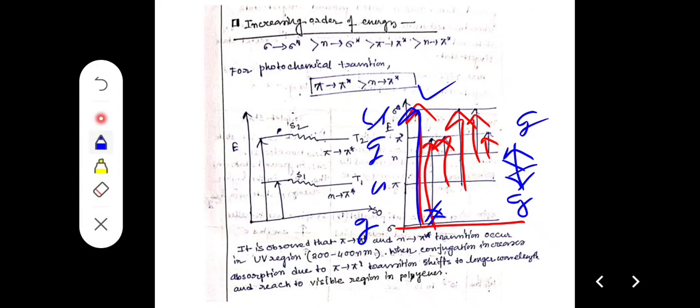Pi to pi star is ungerade to gerade, which is possible. Pi star to sigma star is ungerade to ungerade, which is forbidden. N to sigma star and n to pi star are both possible, but the intensity is lower as they are not included in the symmetry criteria.